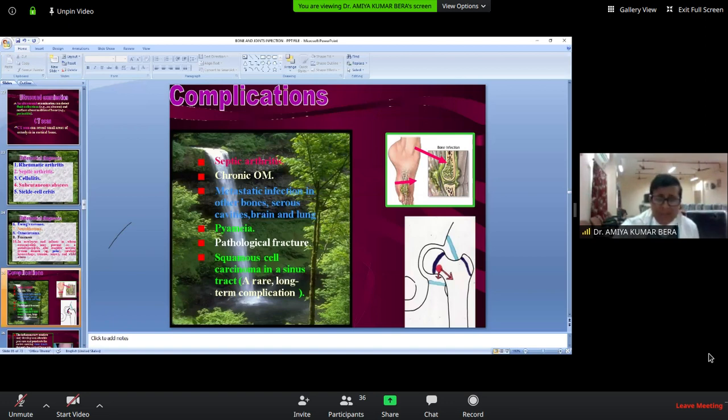If mobilized before a good involucrum is formed, there can be pathological fracture. And squamous carcinoma, the ulcers which are found in long-standing cases of chronic osteomyelitis, though rare, is not infrequently found.